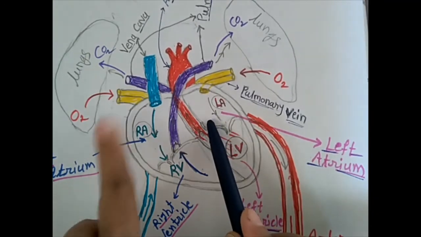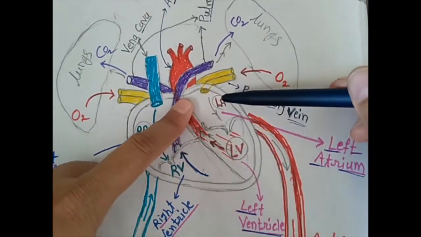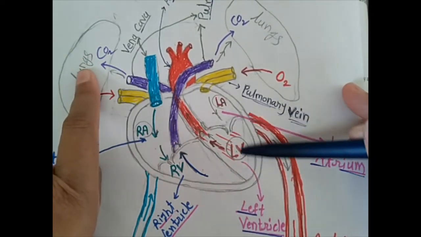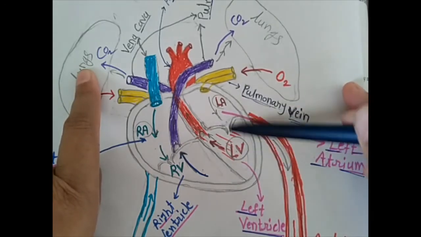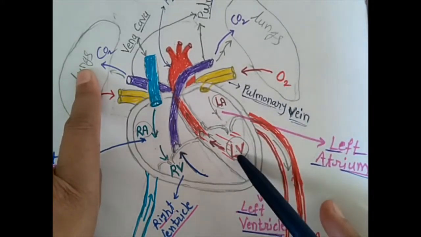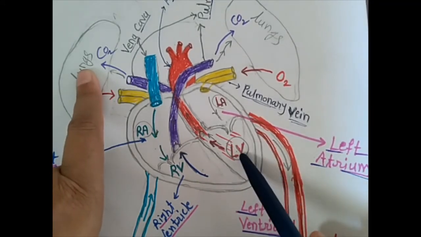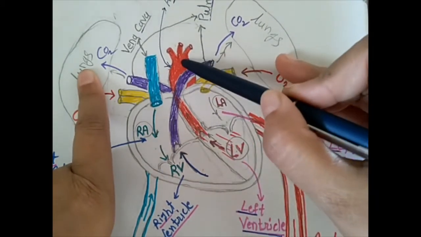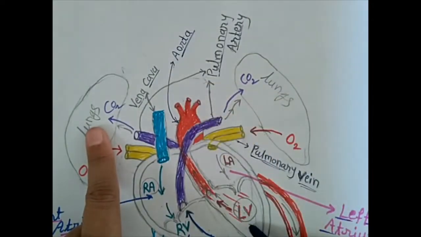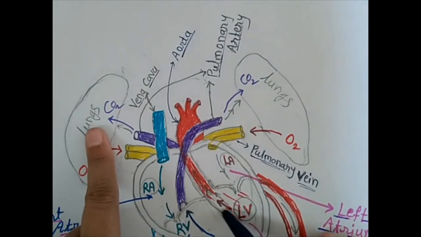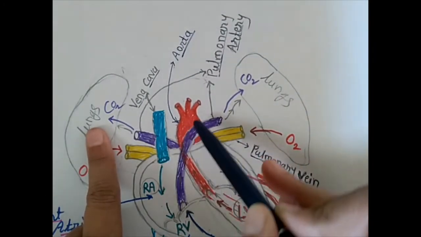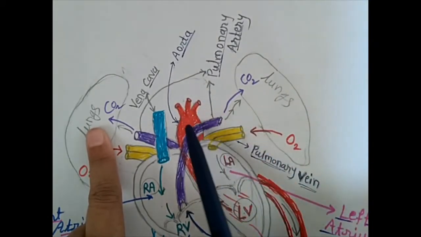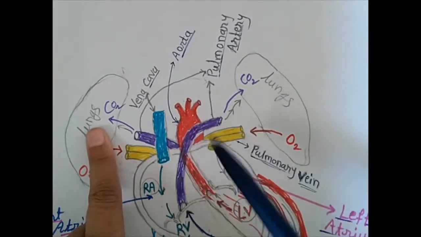So this oxygenated blood from left auricle enters through this wall towards the left ventricle, and from that left ventricle it gets pumped out of the heart through the aorta, see here, through this wall the oxygenated blood from the left ventricle gets pumped out of the heart towards the body part, and this work is performed by the aorta.